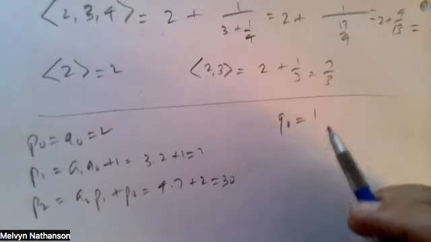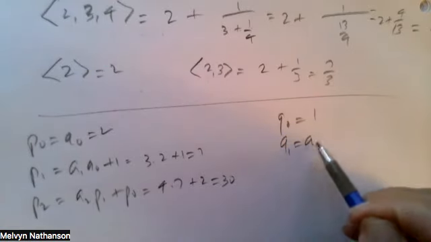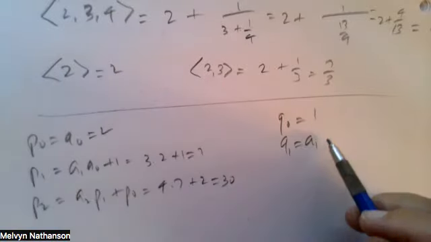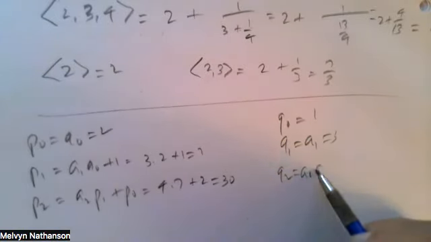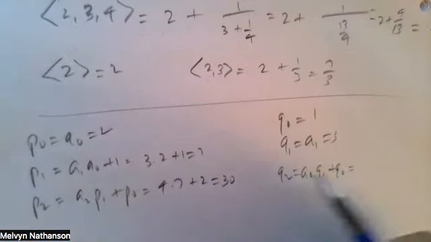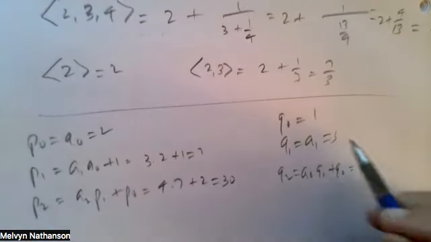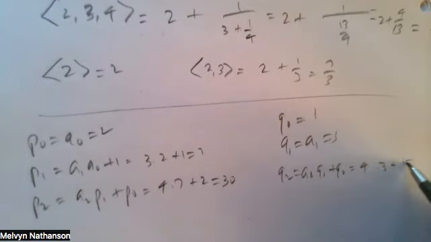Q0 is 1. Q1 is A1, that's 3. Q2 is A2 Q1 plus Q0. A2 is 4 times 3 plus 1 is 13.